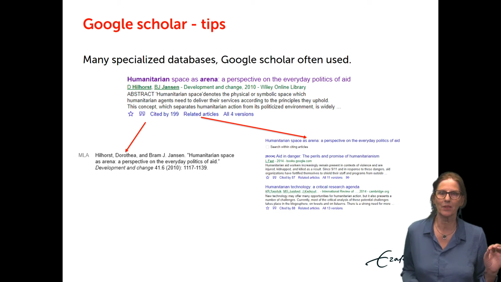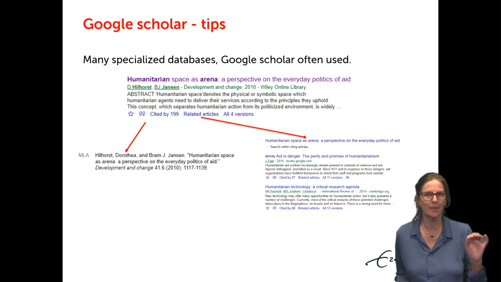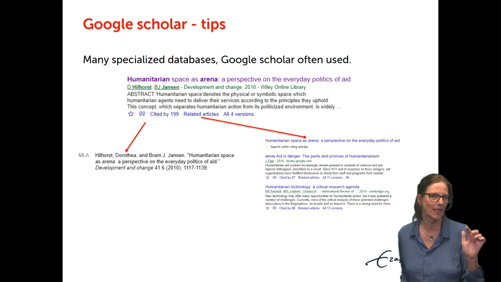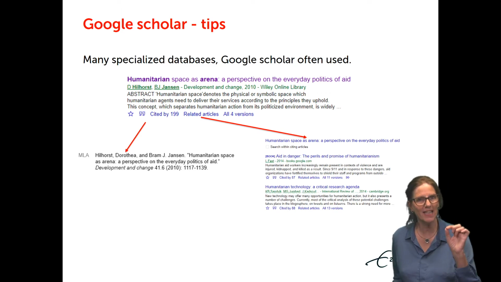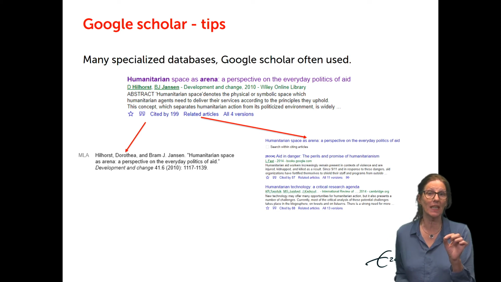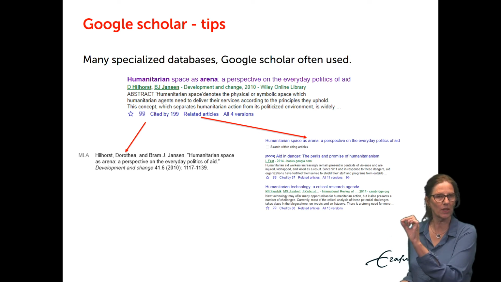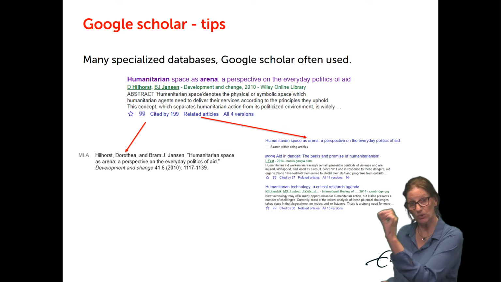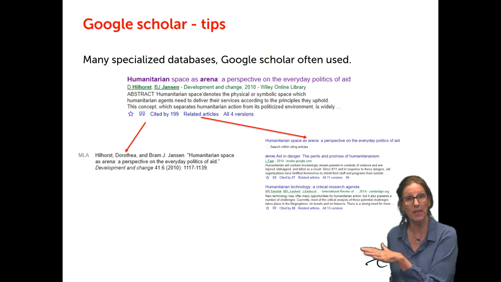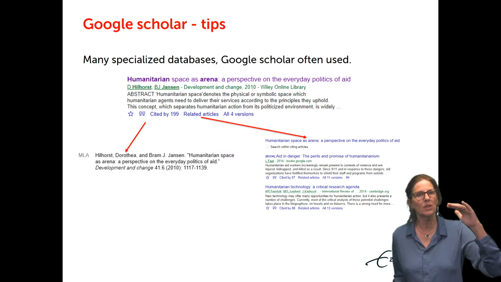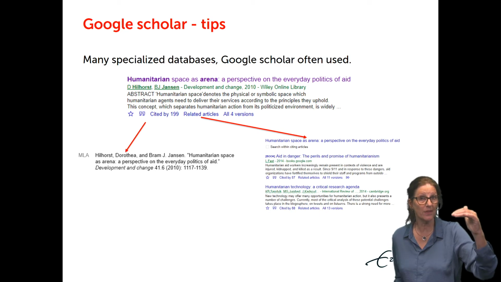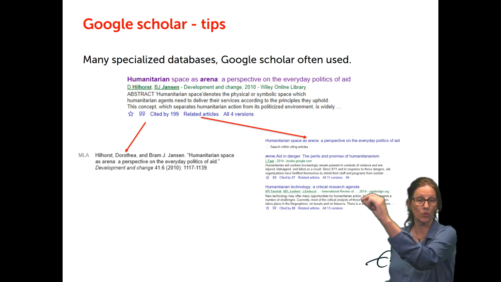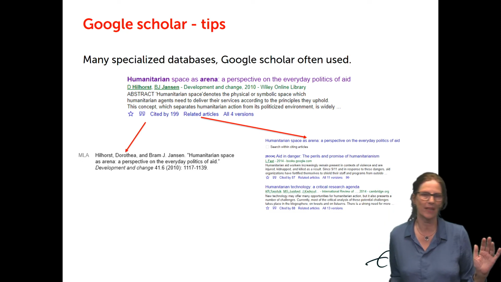The other tip I wanted to give about Google Scholar is about related articles. Have you ever pressed on related articles? Because that is really interesting, especially if your source that you're interested in, the original source, is already a little bit older, because then Google gives you all the different sources that have referenced your original source. Now, not all of that will be relevant.